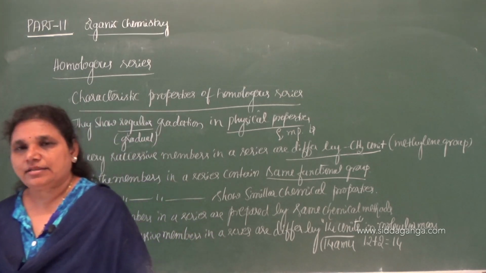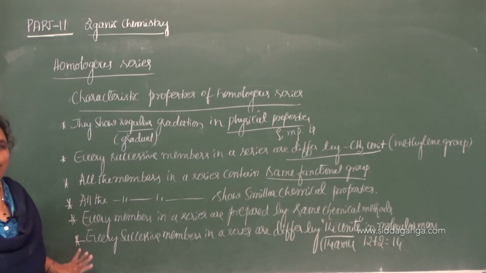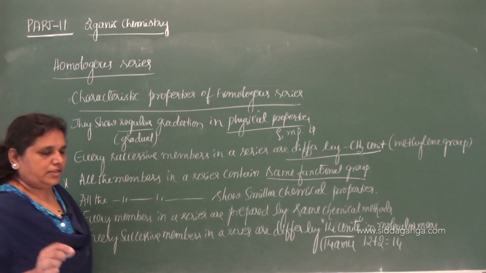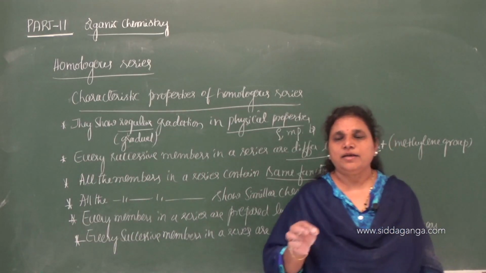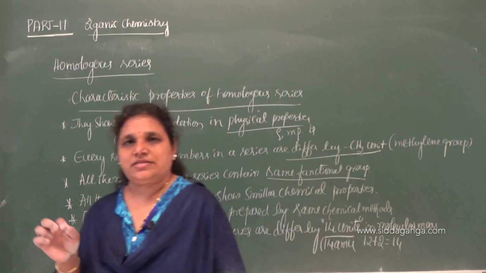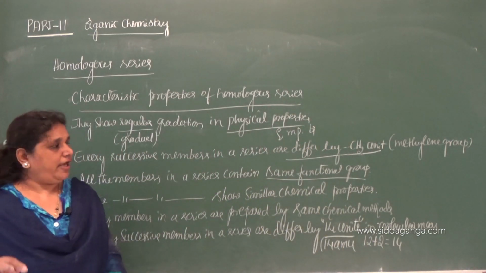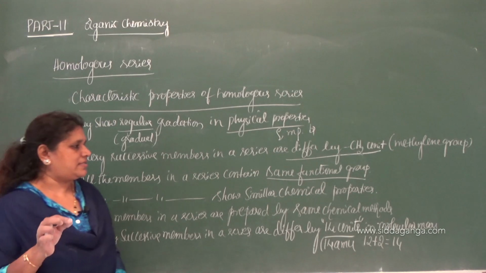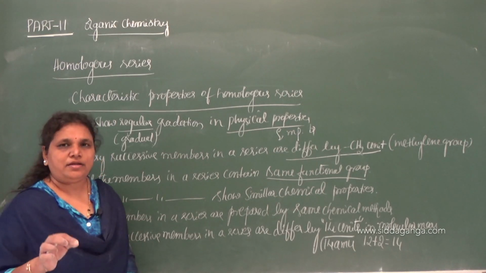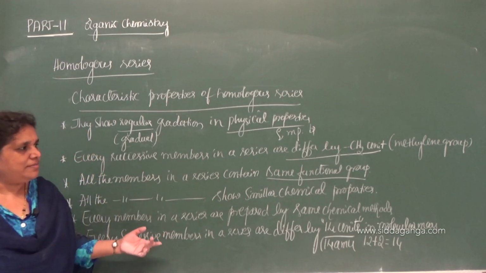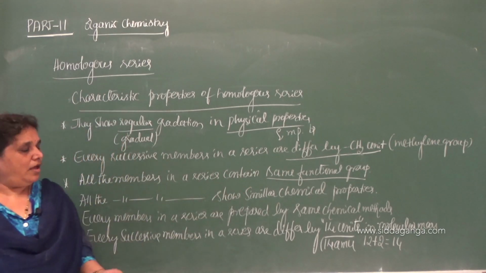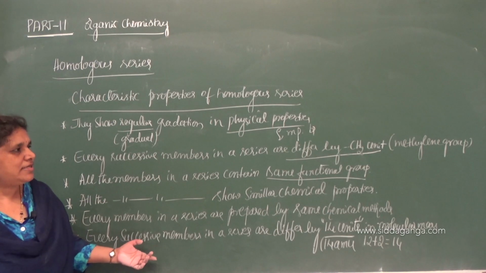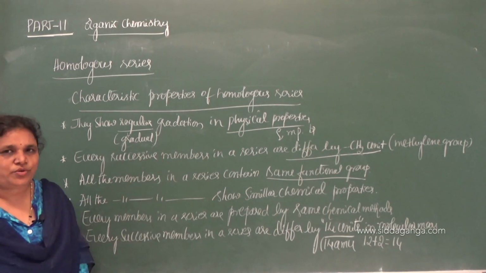So these are the characteristic properties of homologous series. So they can be represented by a single general formula. All the members of a series have same functional group. So they can be prepared by using similar chemical methods and they show similar chemical properties as they have same functional group, and every successive member in a series differs by CH2 unit.